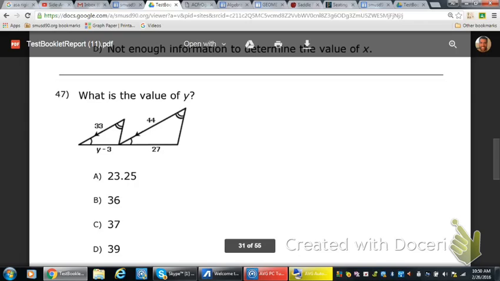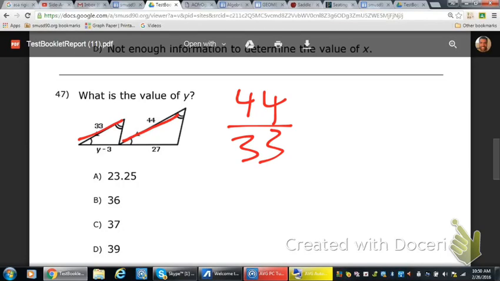Okay, so we see angle, angle. The moment we see angle, angle, we want to think proportions. The good news is this triangle is already set up in a nice way, so it's easy to see what the matching sides are. Obviously, this side matches with this side. So 44 is to 33 as, let's say, 27. What side does 27 match with? Y minus 3. Okay?